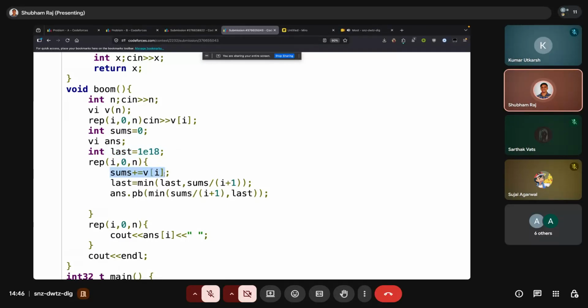Then I am adding the sections, and I plus 1 is the number of sections because I am starting from 0. The sum is the total amount of cake on that section, right? I am inserting that height into an answer array. Then I simply print that array.